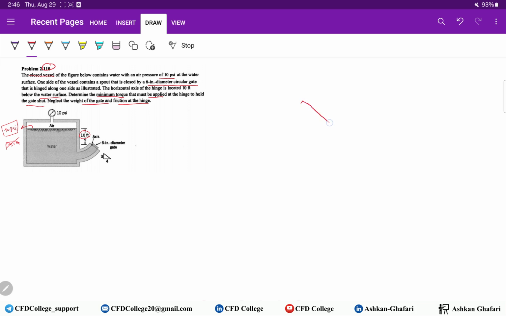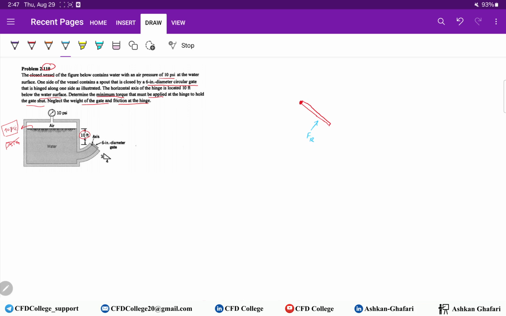This is the gate, which is a circular one. Here is the hinge, and we have two different forces in this problem. One is Fr.